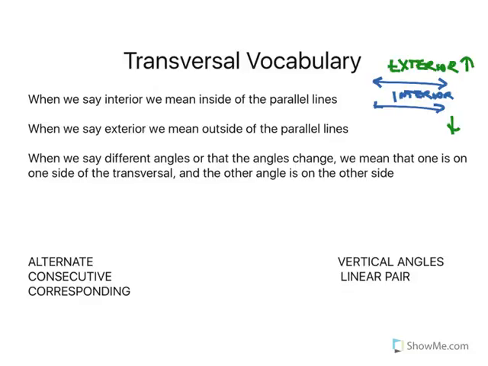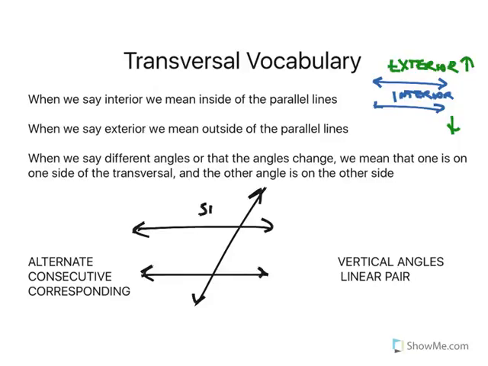When we say different angles, or that the angles change, let's say this is the transversal. One angle is located on this side, and one angle is located on this side. That's what we mean when we say that the angles change. So there's basically three ways to classify angles in a transversal when you take one angle from this group and one angle from this group.